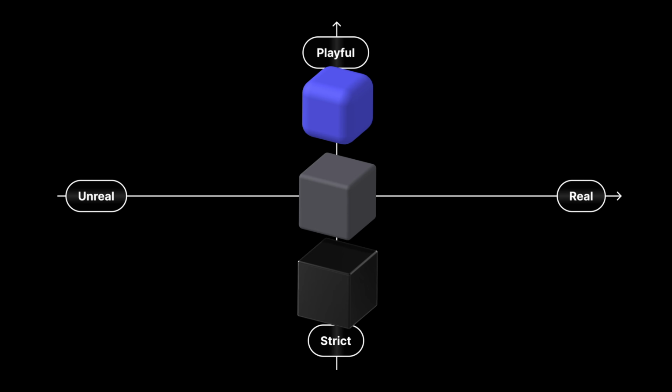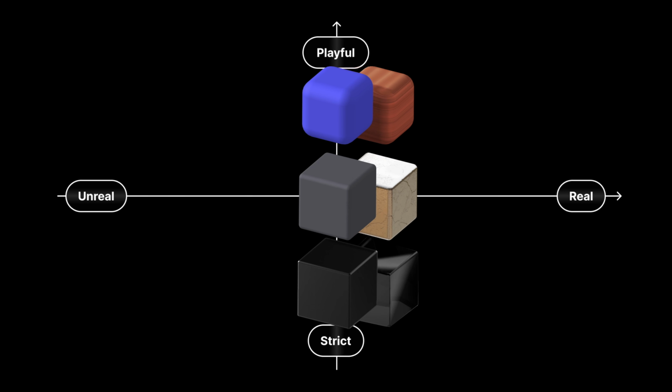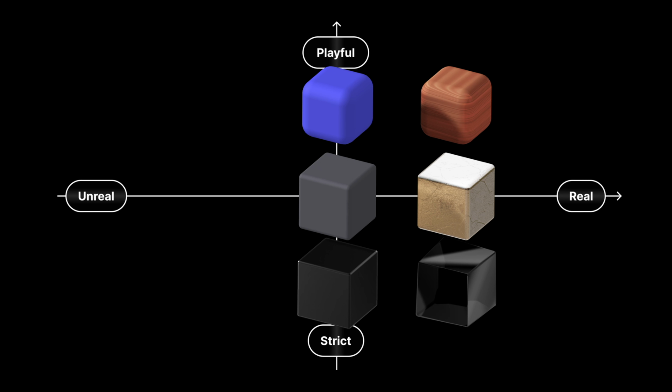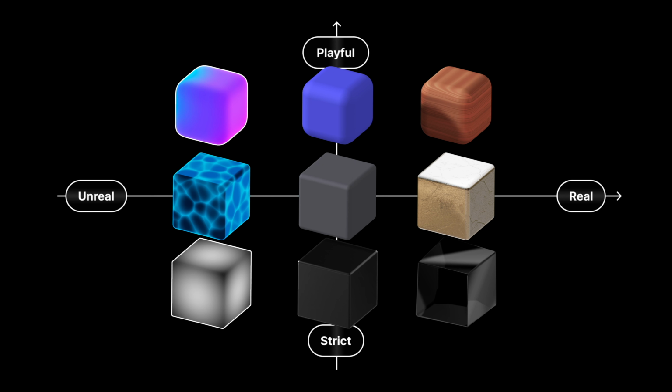These styles, of course, if you make work for a project, will depend on your target audience or on the brand design principles and so on. But from this direction, your style can be real, meaning it will represent real things, real materials like metal, wood, glass, and so on. On the other side, unreal, it will look like something that can't exist in the real world.